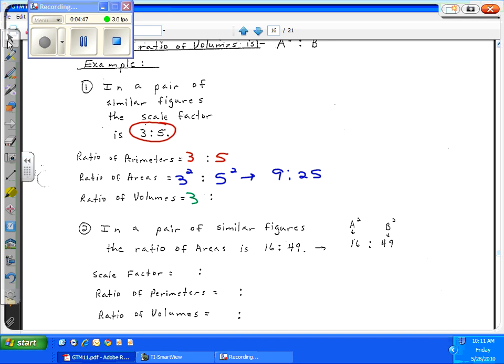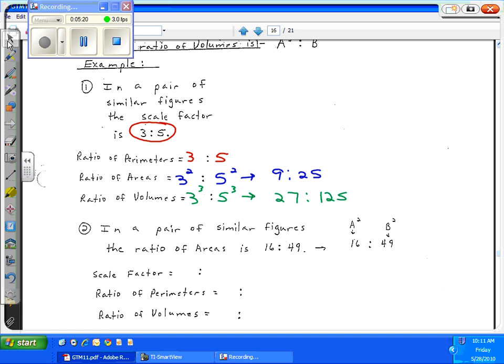Volume is three dimensions, and so we would have that same ratio but cubed. 3 cubed is 3 times 3 times 3, which is 27. 5 cubed is 5 times 5 times 5, which is 125. So if the scale factor of a pair of similar figures is 3 to 5, then the ratio of the areas is 9 to 25, and the ratio of volumes is 27 to 125.